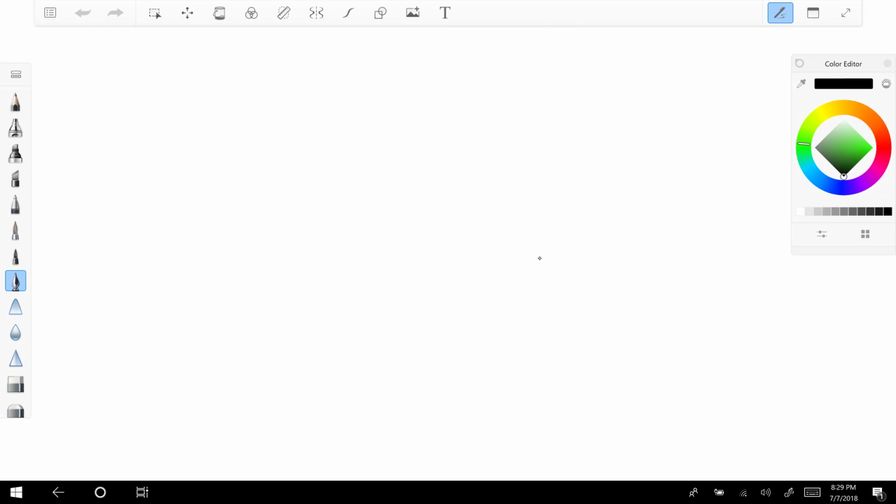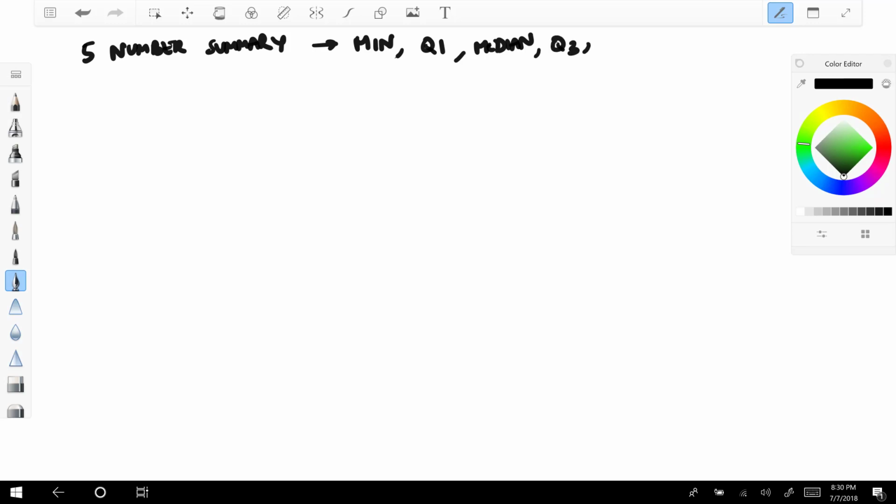So our 5-number summary was: we wanted to have a minimum, quartile 1, median, quartile 3, maximum.